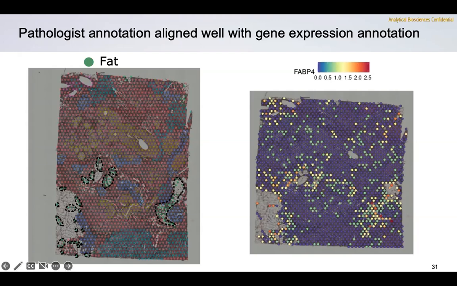Instead, we looked at the expression of a gene marker for fat cells, which is fatty acid binding protein 4. And we see the expression of that gene marker align well with the regions annotated as fat tissue by the pathologist.